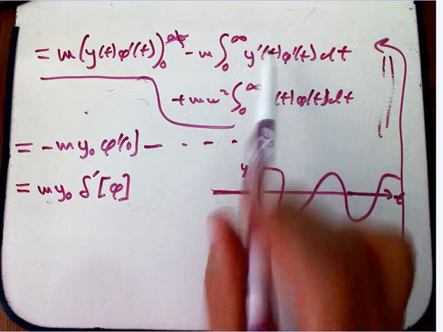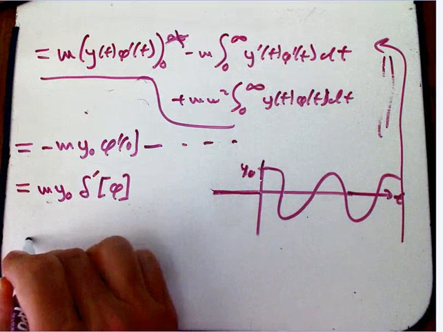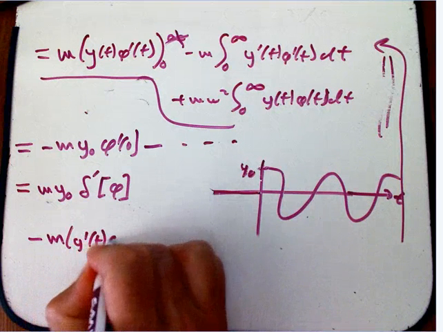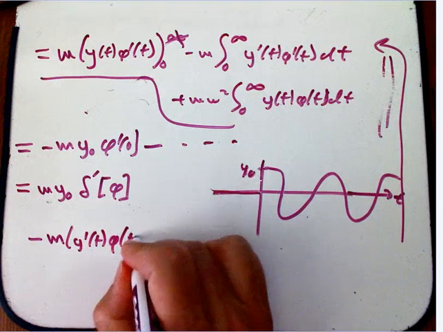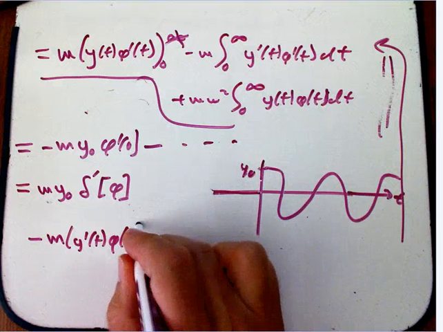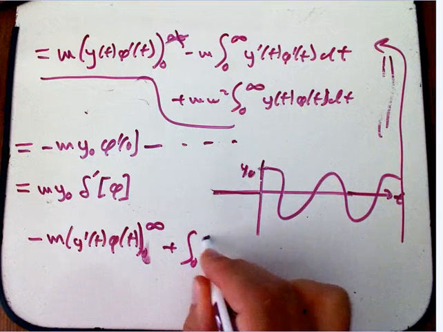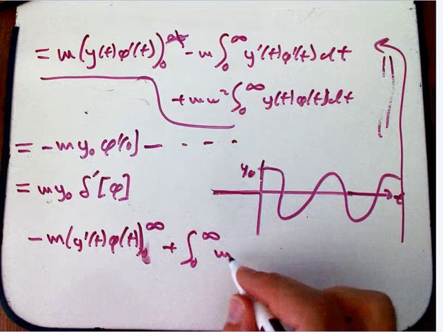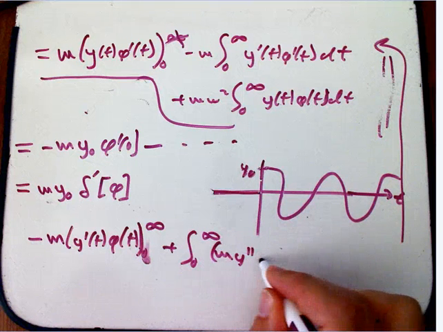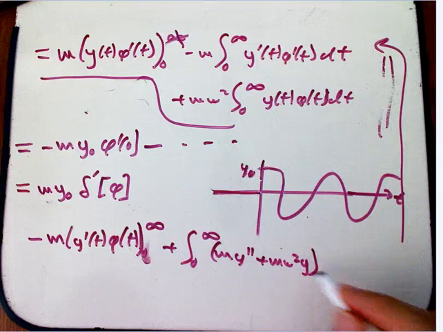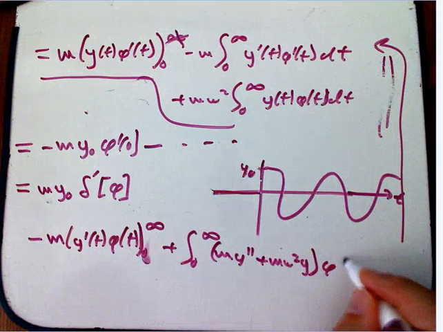We still need to do one more integration by parts here, and so we're going to get minus m y prime of t phi of t from 0 to infinity, plus the integral, and then I'm going to be able to put everything else together. Now it's my double prime plus m omega squared y. I am doing the homogeneous version.